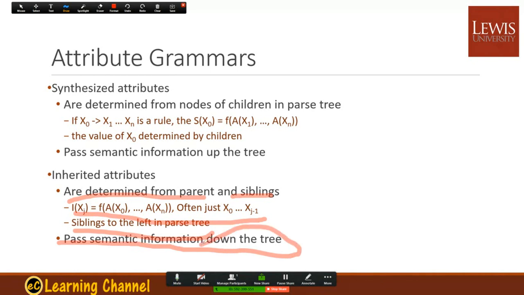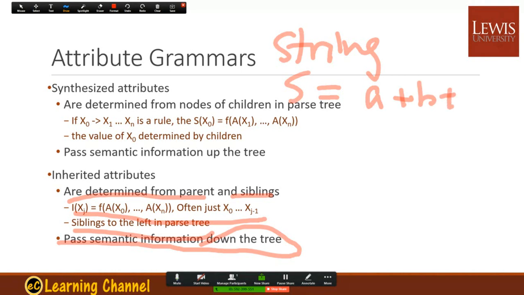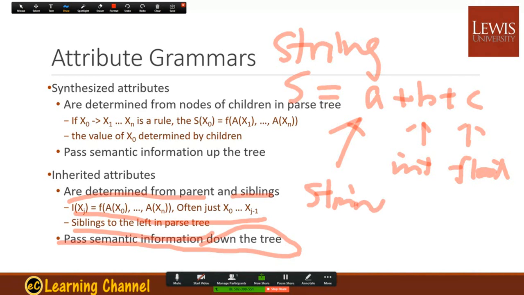Usually it's like I have a string S equals A plus B plus C. This may be something like integer, it may be float. This one maybe is string type. On the left hand side, string type.